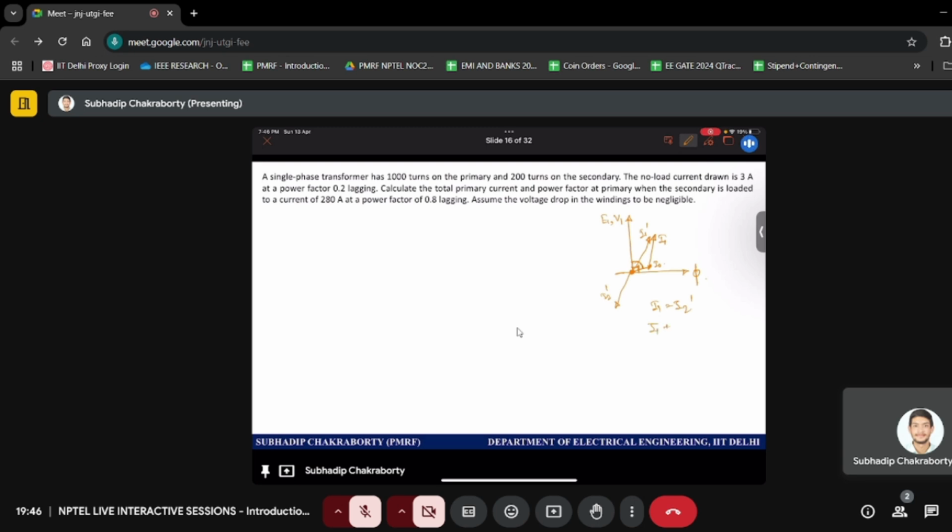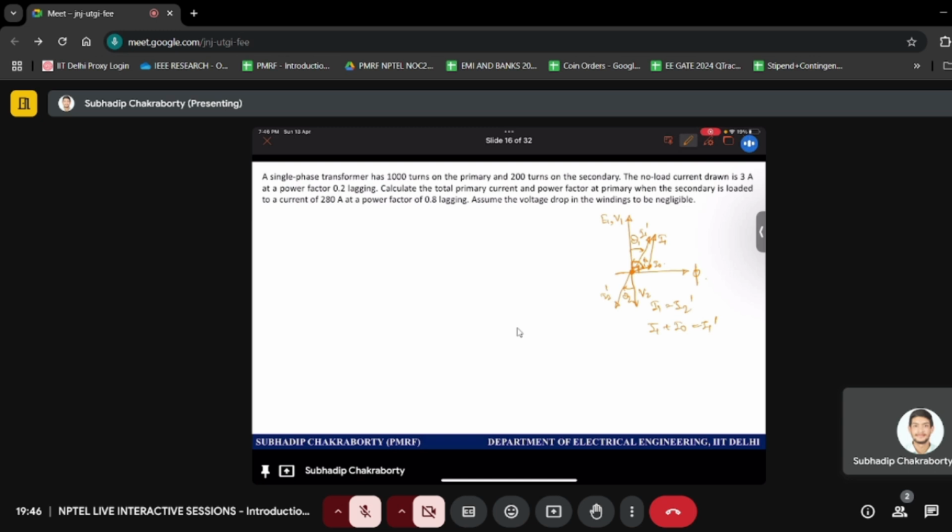And I1 plus I0 is nothing but I1 dash. I name like this. So this is the secondary power factor, right? And this is the primary power factor. And I can also name this as phi 0, which is the no load power factor, which is poor, right? Because of the magnetizing branch only being activated.